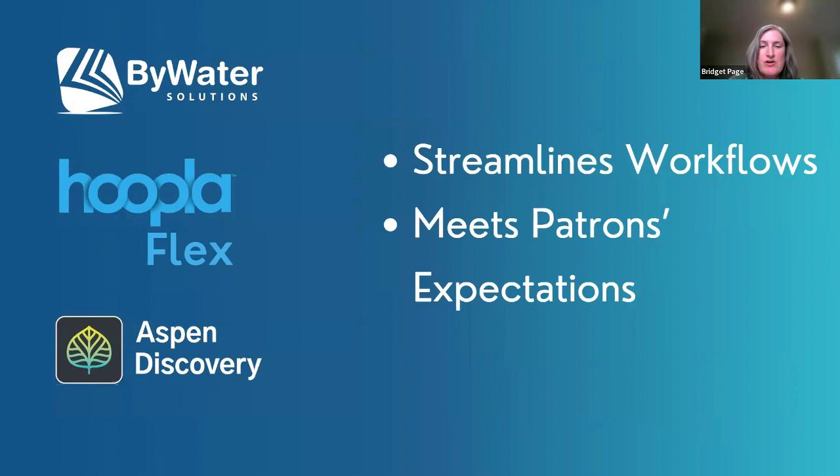So it's really important that libraries have varied and flexible licensing options in order to make the most cost-effective choices based on their community needs. Hoopla Flex records are going to help those patrons discover the new titles that they want, while also allowing the library to optimize library spend by increasing the license utilization.